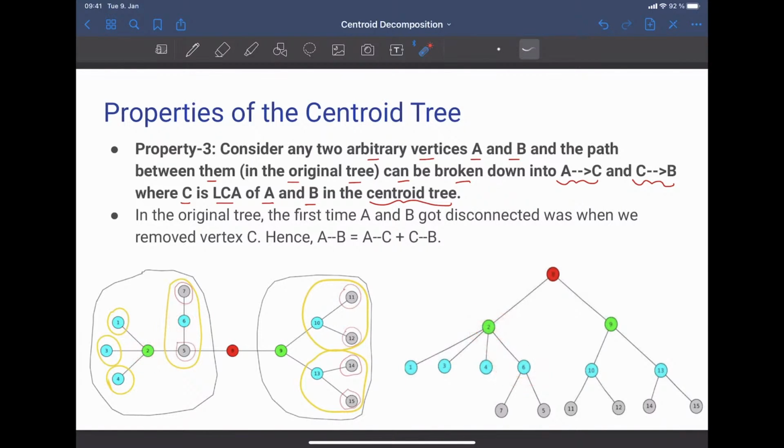So we are saying that the path between 2 and 6 can be broken down as the path from 2 to 2, which is an empty path, starting and ending at the same node, plus the path from 2 to 6. This is just a way of telling that you can break down any path AB into two different paths: a path from A to C and a path from C to B, where C is the LCA of AB in the centroid tree.